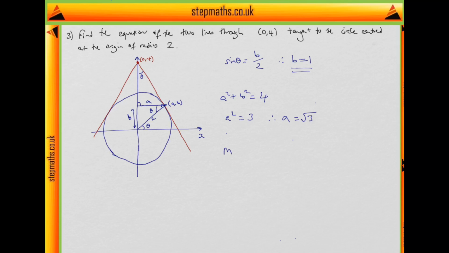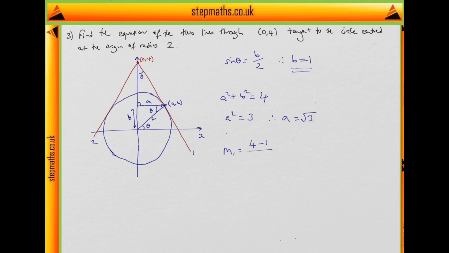The gradient of line 1, m1, will be equal to the change in y, going from b, which is 1, up to 4. So that's a change in y of 4 minus 1, over a change in x, going from this point to this point, from root 3 to 0.